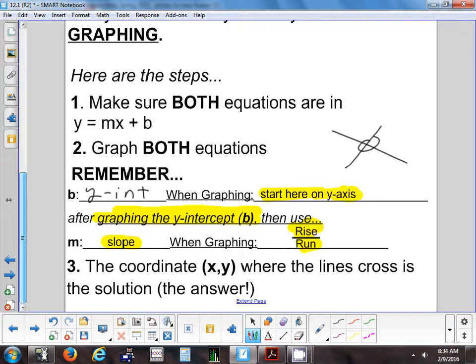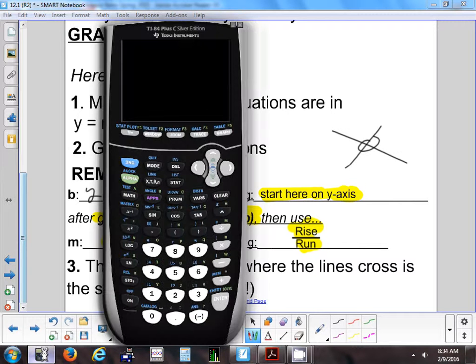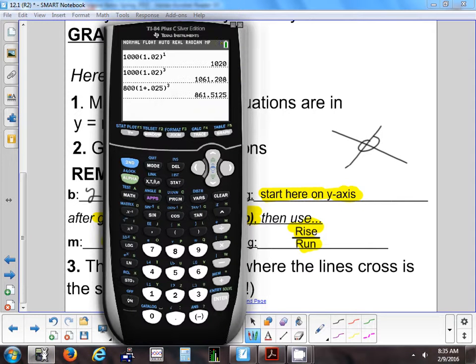Okay, now I know a couple people in here have a calculator, like this. We're not going to be using this, but if you do, you could check your homework on it. Like if you had a line like, let's just say 2x plus 1, negative 3x. Okay, I just made up two lines. And I hit graph. Okay, it's going to graph each line for me. Takes a second.